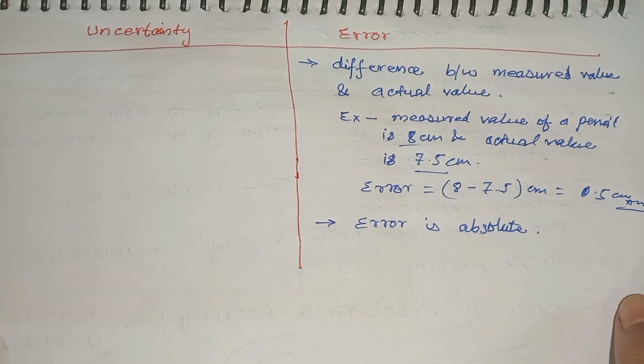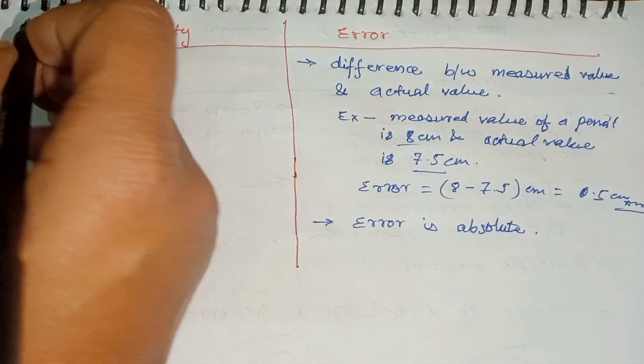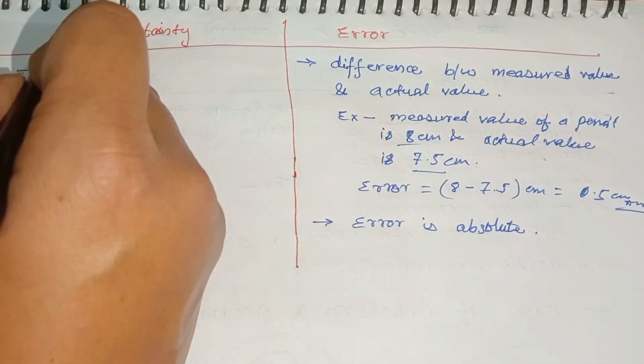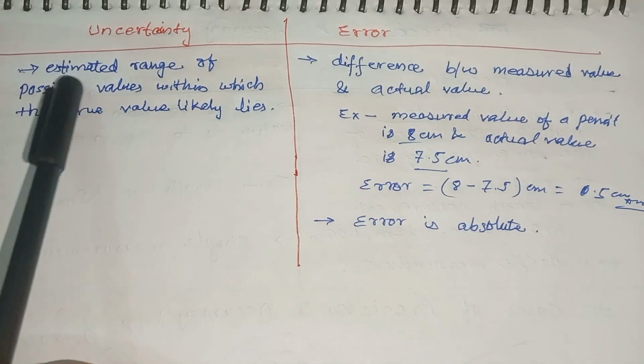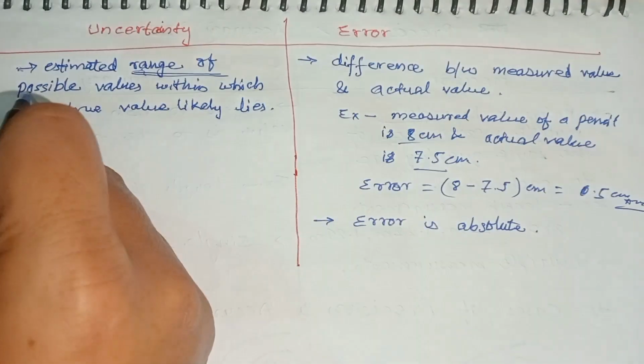And for uncertainty, this is not absolute. Uncertainty is a range. This is a range of possible values within which the true value is likely to lie. It is an estimated range of possible values.